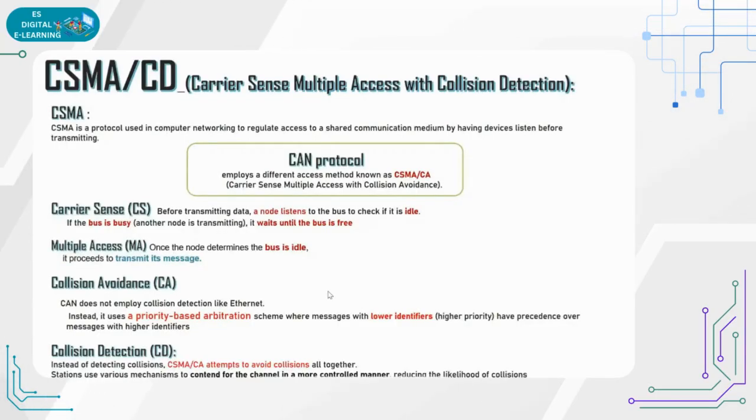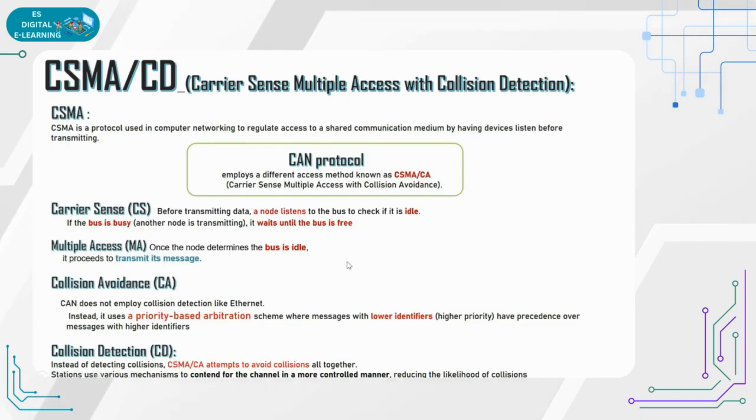And collision detection: whenever a collision happens because data is transferred at the same time and a jam is created, it will be detected, it will stop sending the messages, and again it will do the retransmission. So these are the terms and keywords of CSMA: CS, multiple access MA, CA and CD.